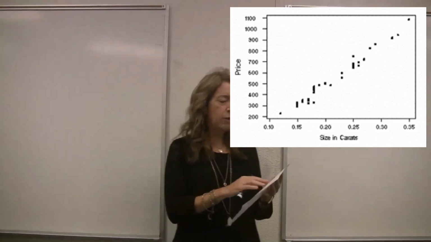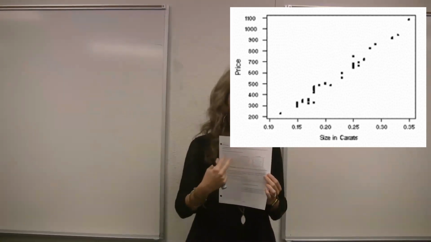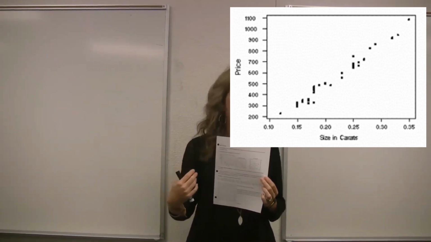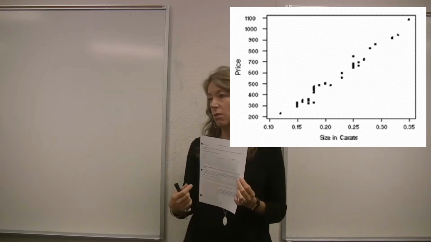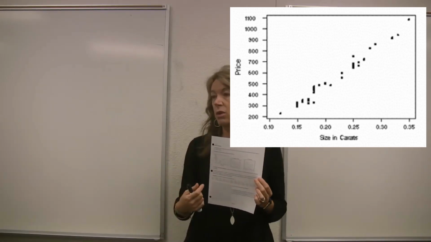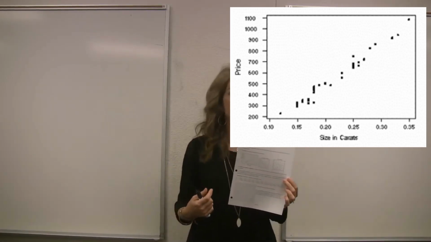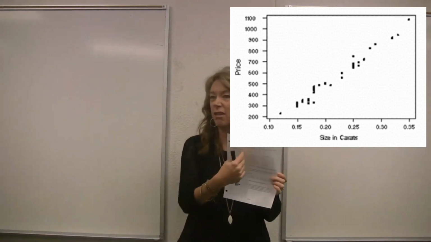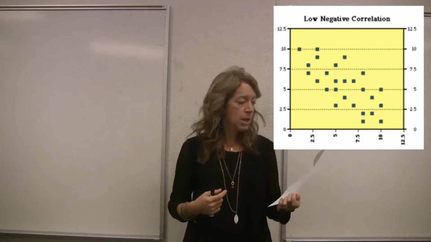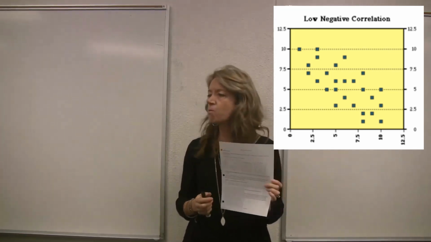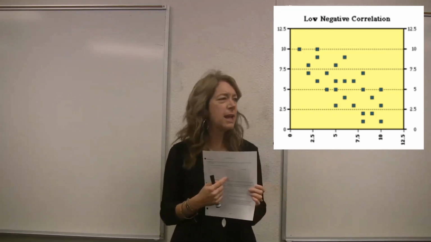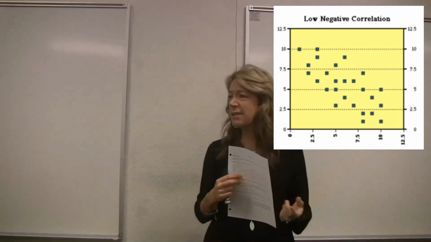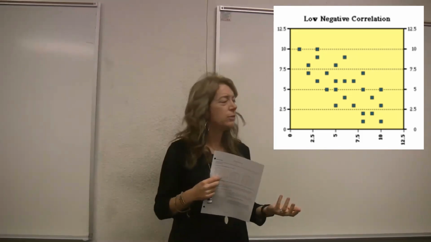So what we're looking for is to see which one of these, or if any of them, show a linear relationship, a line that kind of goes through the data points. Which of these looks most like a line? The first one for sure, right? You can practically draw the line right through there. How about the second one? Does it look like it has a line through it? A little bit. Is that line going up or down?